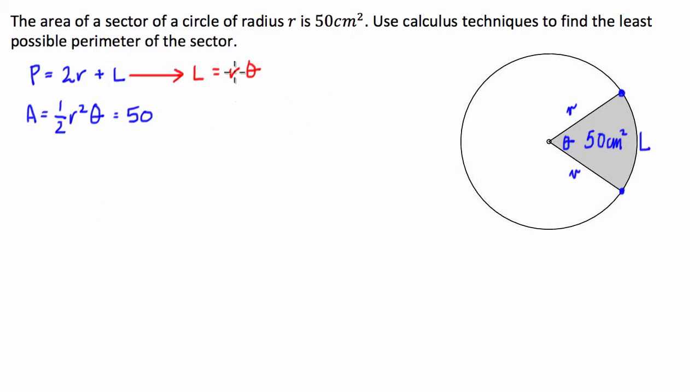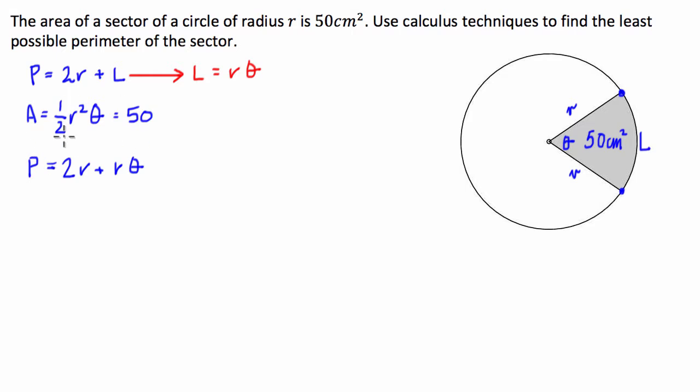Now we're going to use our perimeter formula and replace L with r theta, and we get P equals 2r plus r theta.